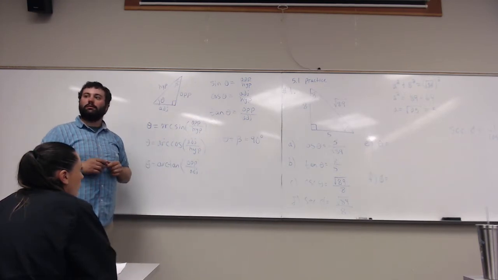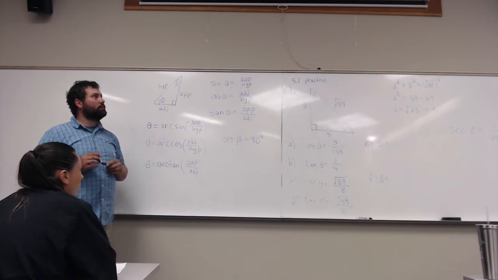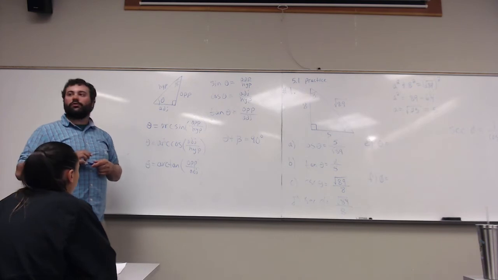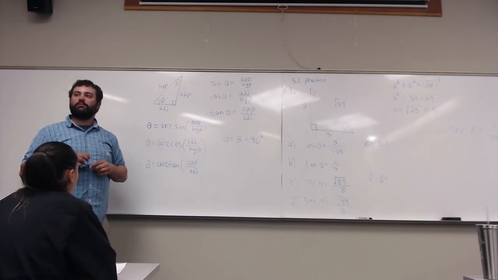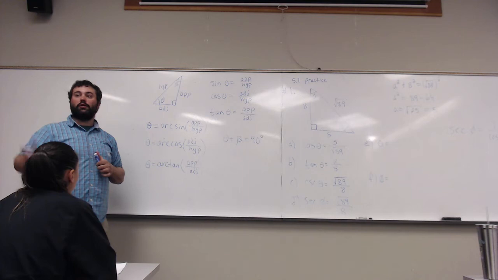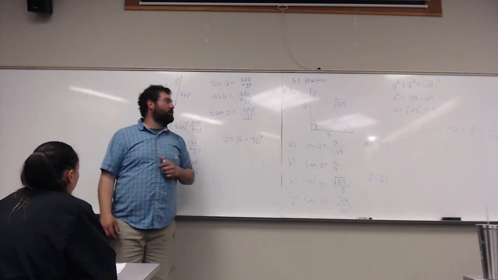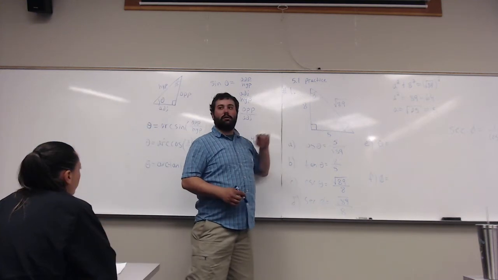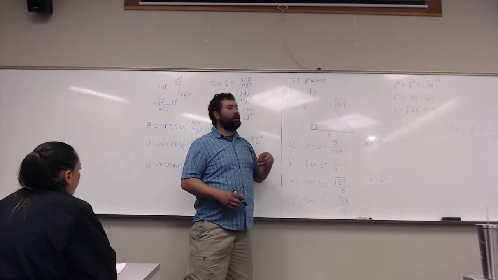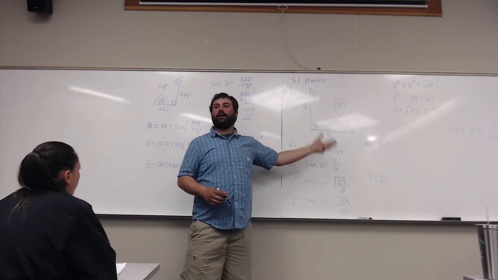Yeah, Brandon? Phi and beta are just interchangeable, right? From the examples you have beta, but then you have phi up there. Yeah, actually, they're just arbitrary angles. I could label them with anything. That's a good question, though. Later, we're going to have triangles that aren't right triangles, and you'll have theta, beta, and phi, or theta, beta, and gamma.